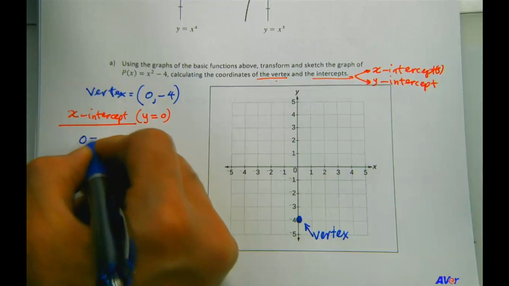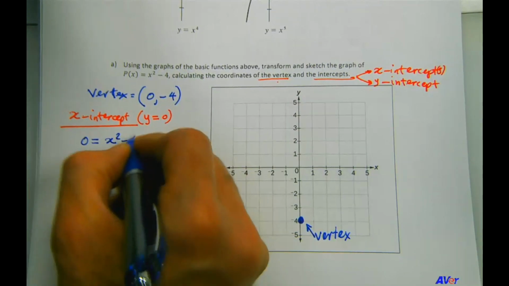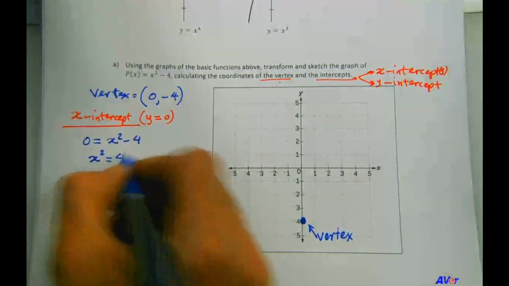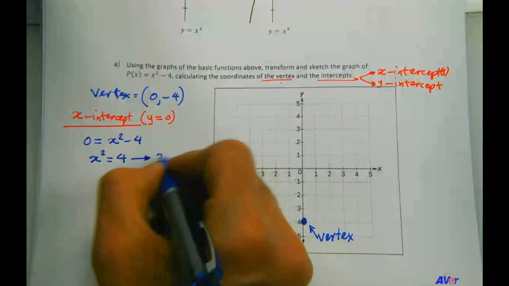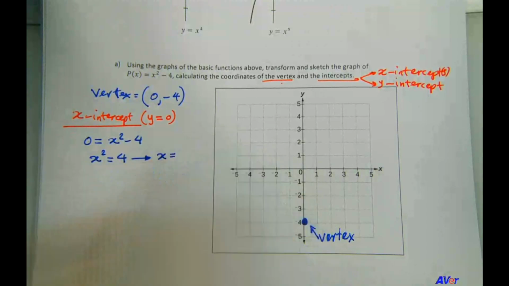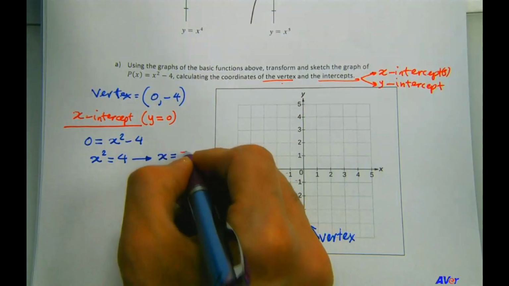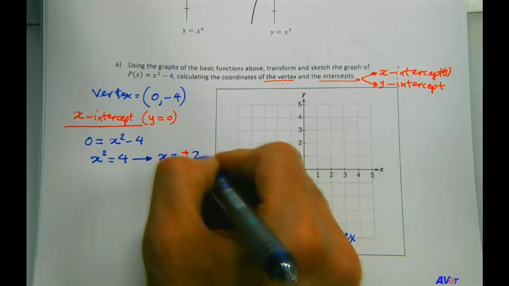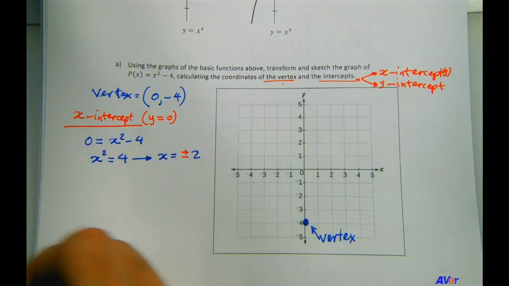So 0 equals x squared minus 4. That means x squared equals 4, which means x equals, by the square root property, remember the square root property? It's plus or minus 2, right? Not just 2, plus or minus 2.